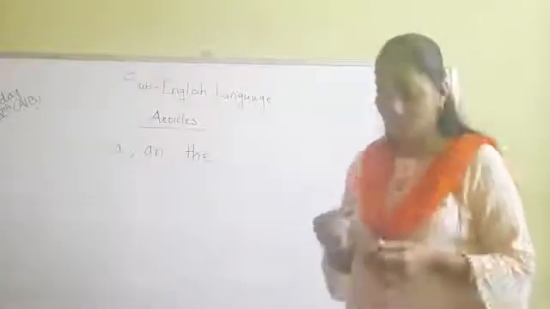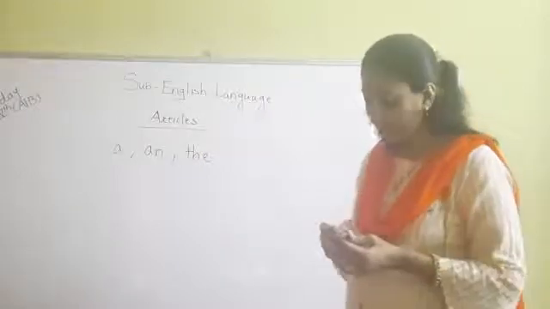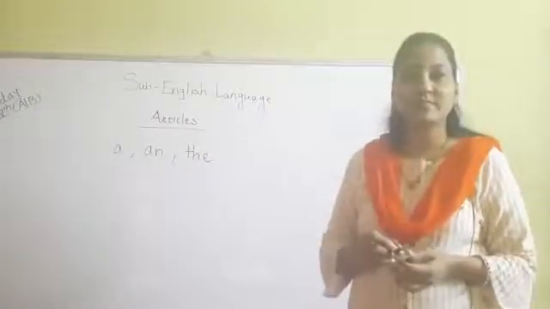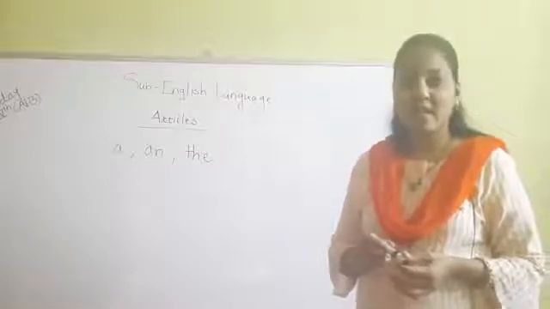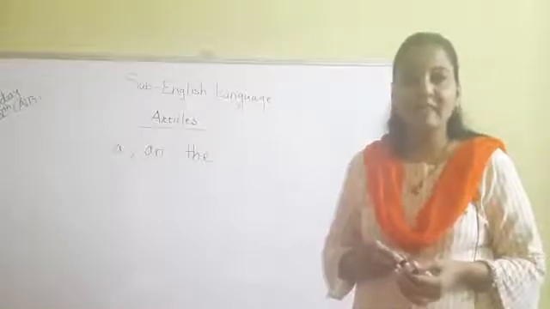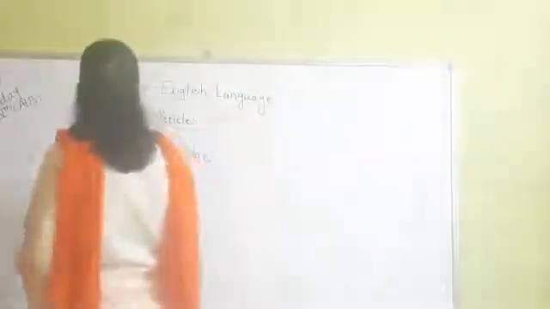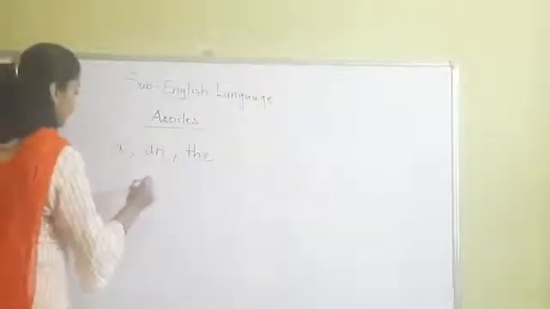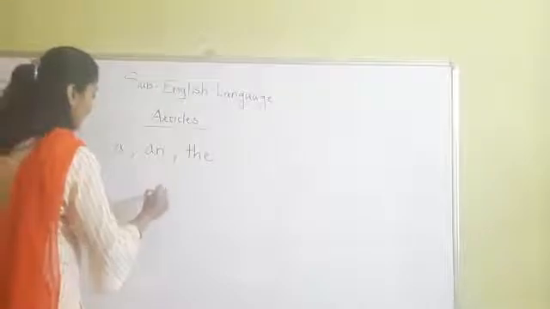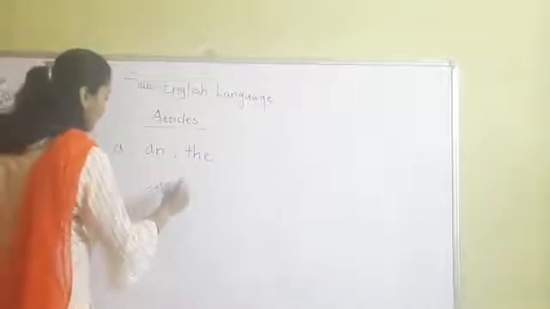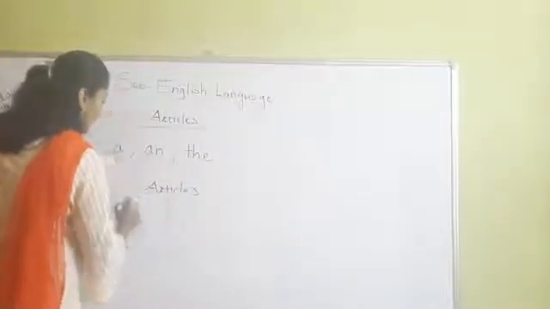So, you know that a and an are the indefinite articles, and the is known as the definite article. Have you understood? There are three articles, a, an and the.